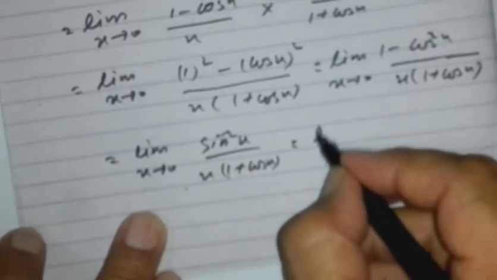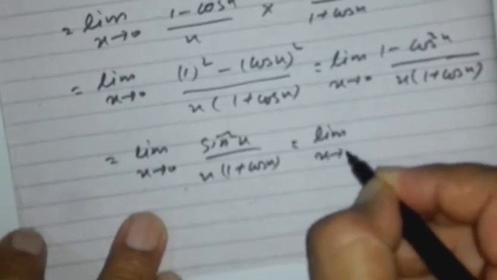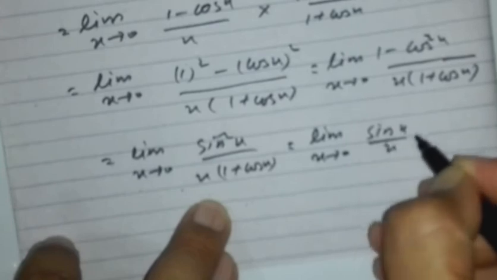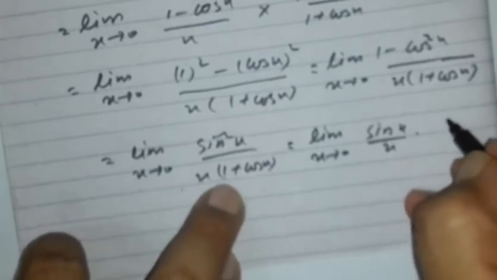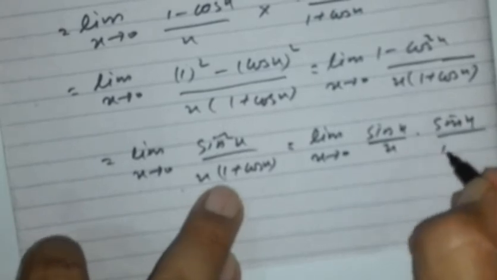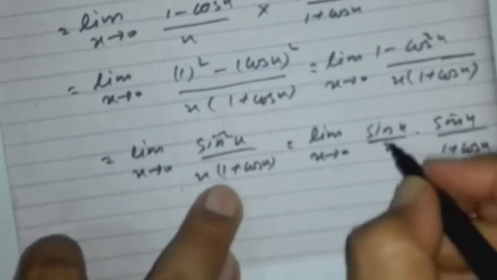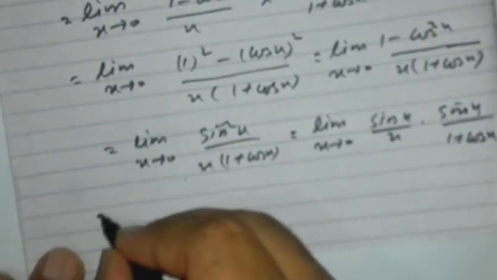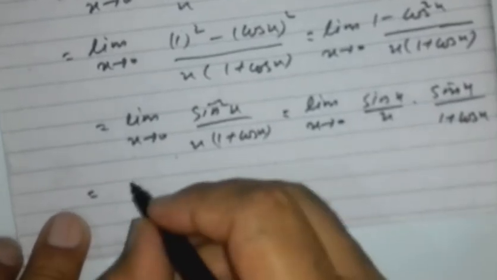Further we can write it as limit x tends to 0, sin x divided by x and sin x divided by (1 plus cos x). This is sin square x, so we can write it as 2 times sin x. Now multiply the limit on both.